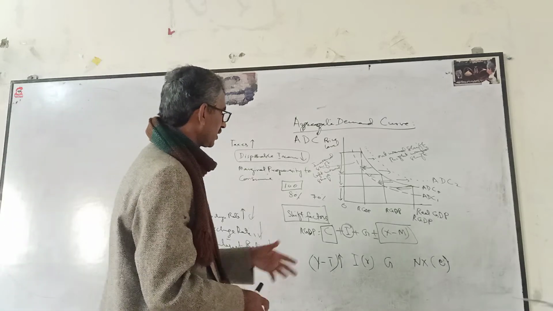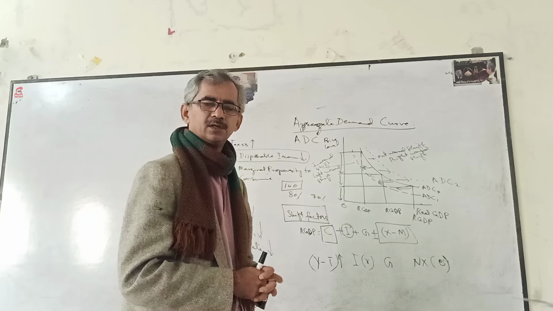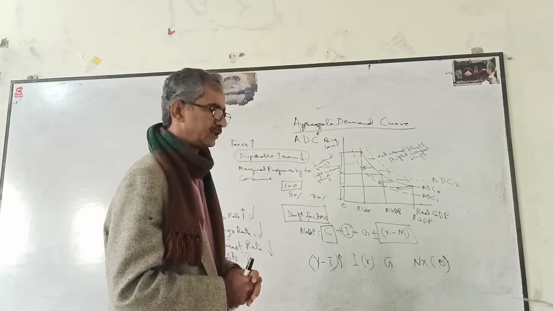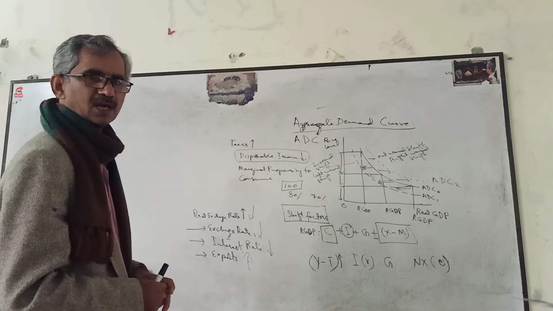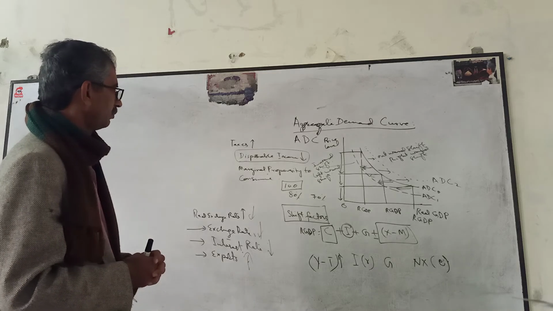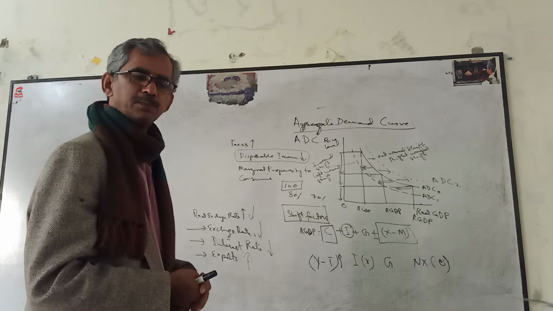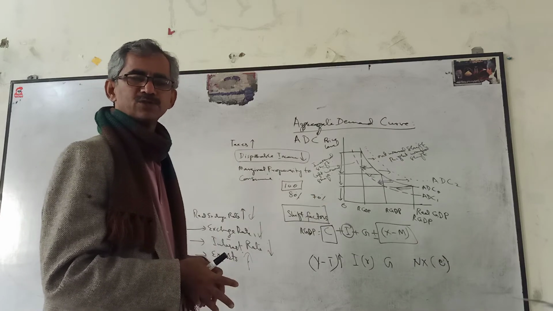And when we talk about the consumption factor, we are talking about disposable income, and disposable income is related to the government's taxes, or it is also related to the marginal propensity to consume and marginal propensity to save, the people's decision of how much they are going to spend and how much they are going to save.